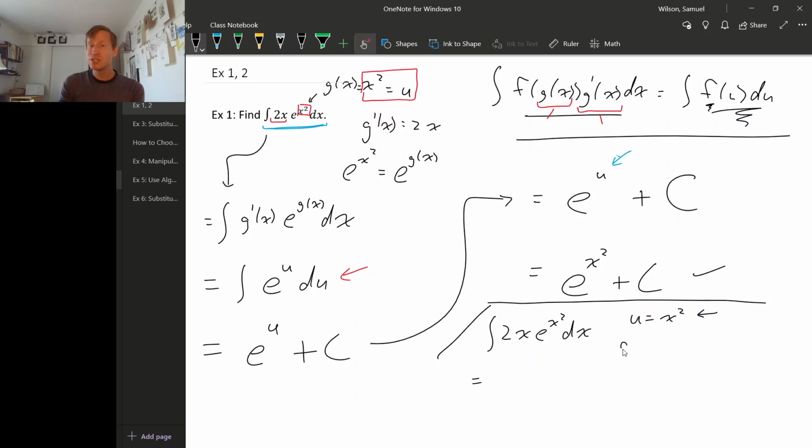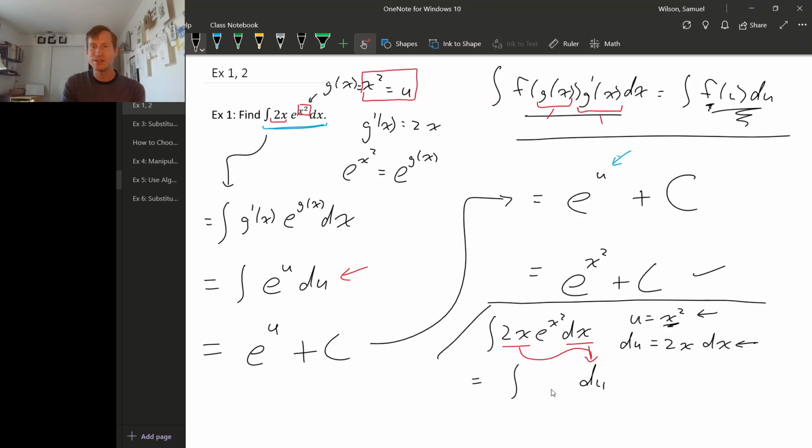And the corresponding equation is du equals, remember how you calculate differentials, you take the derivative of this, and the derivative of x squared is 2x, and then times dx. So this second substitution equation tells me that 2x times dx together make du.